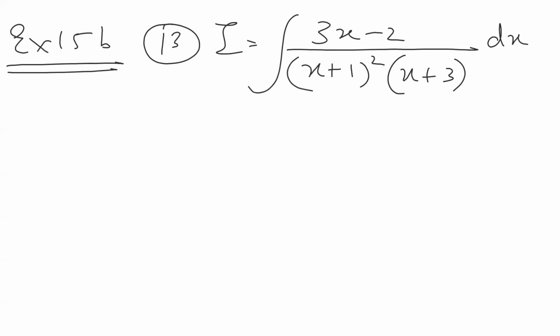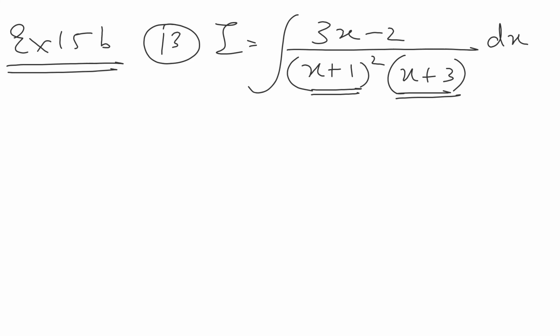Fine. Now there are two linear factors in the denominator. We have x plus 1 and x plus 3. But out of this, one factor, that is x plus 1, is getting repeated twice. That's why it is called repeated linear factors.